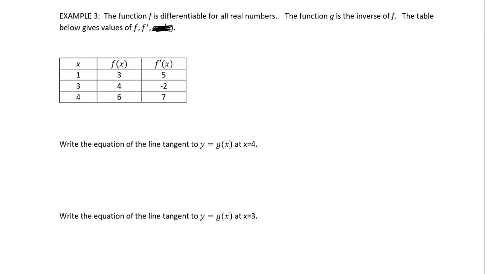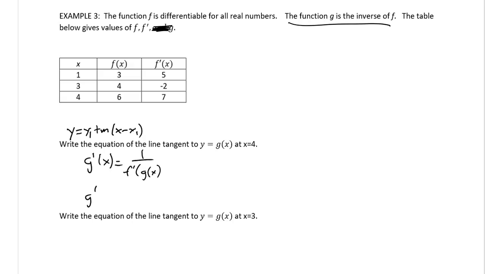Now, we want to write the equation of the tangent line, so of course we're going to write it y equals y1 plus m times x minus x1. And it says g is the inverse of f. So g prime of x then is going to equal 1 over f prime of g of x. So g prime of 4 is going to equal 1 over f prime of g of 4.